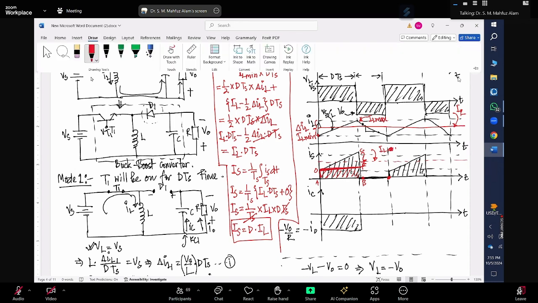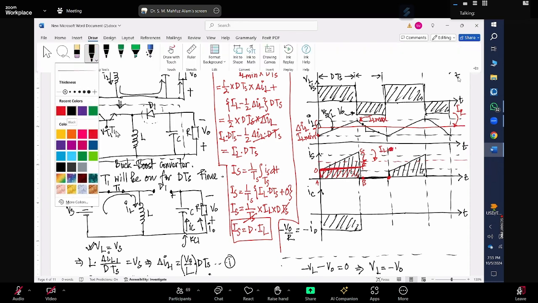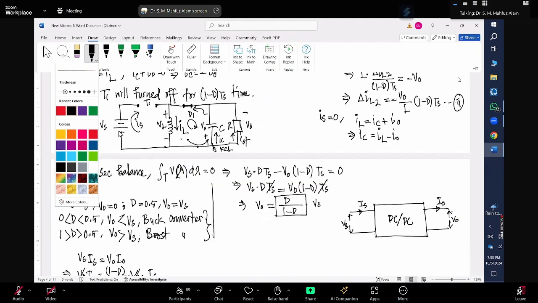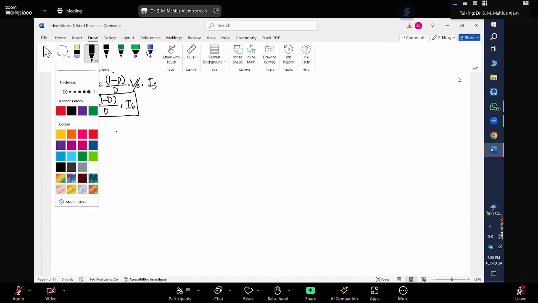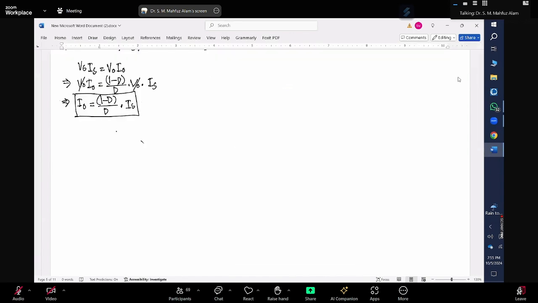So then your IS is D multiplied by IL. Now if I put this value here, we can write your I naught is 1 minus D over D multiplied by IS. So IS is D multiplied by IL, right?